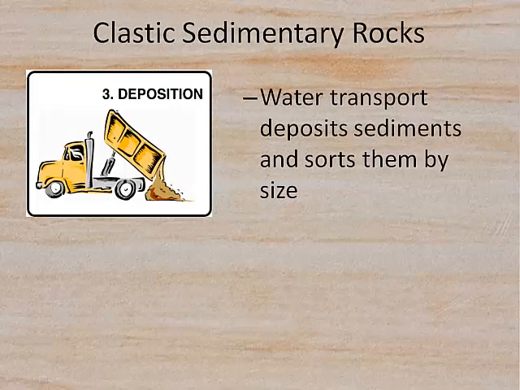Now, water will transport the sediment, and eventually water will deposit the sediment somewhere. So imagine sand moving down a river or a stream. It reaches a lake. The water slows down. It stops moving. And the sand and the sediment that's been in the water drops out of the water and collects somewhere.